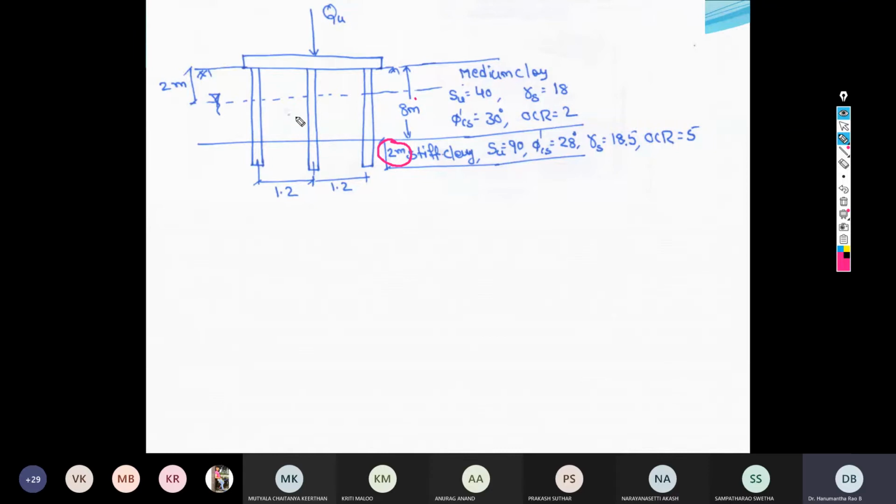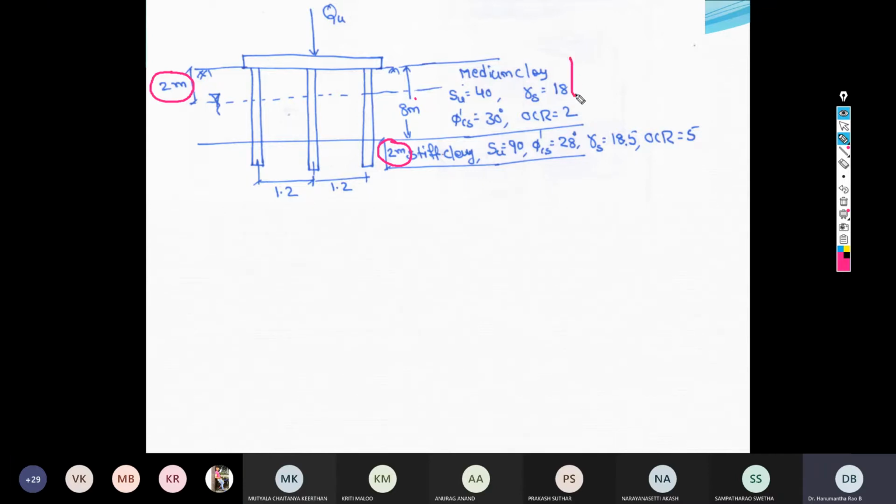And it is also said that the groundwater table exists at a depth of 2 meter from the ground surface. So accordingly, you should pay some attention whether you need to take gamma d or gamma saturated when you calculate the effective stress or effective overburden pressure.